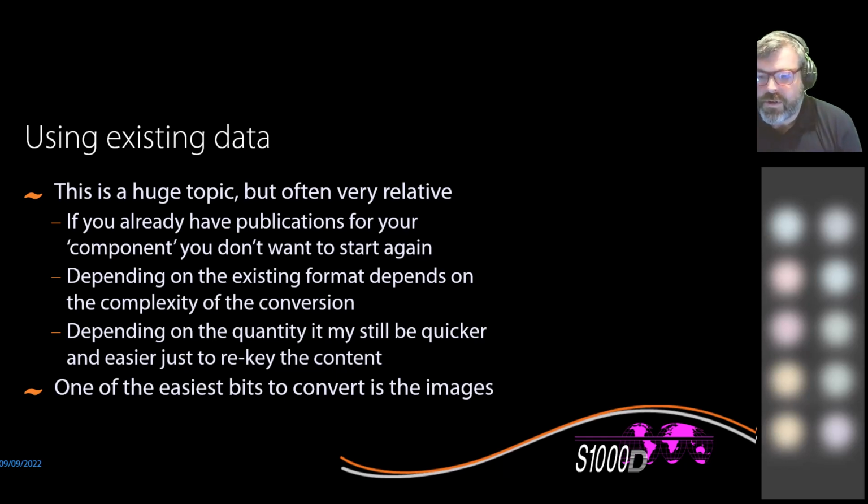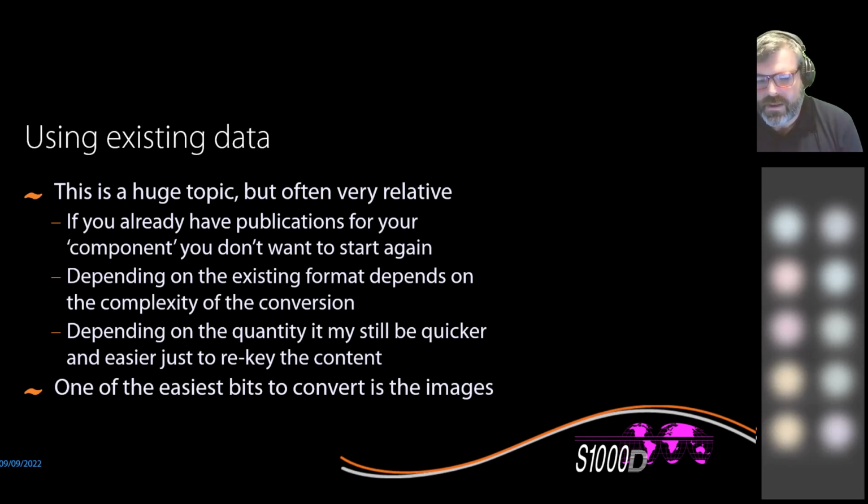The biggest thing is that you've got to do that piece of analysis. It might be that the quickest way of doing it is to actually rekey the content, work out where those breakpoints are, and just start again with your new data module and new structures. But it might be that there is some form of electronic conversion you can do.